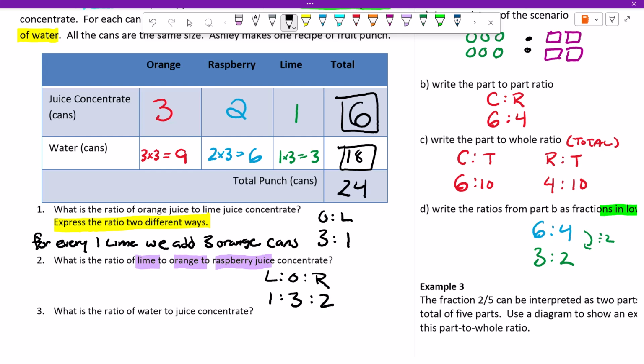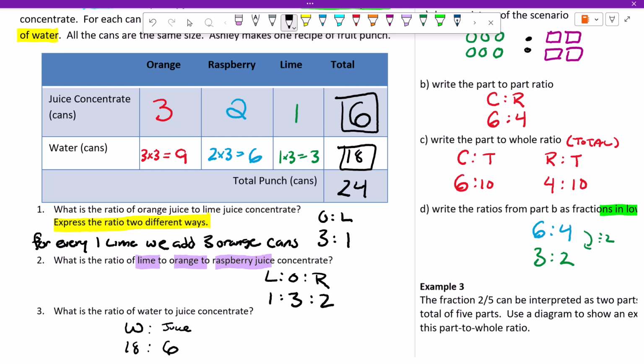What is the ratio of water to juice concentrate? So we want to go water compared to juice. I just wanted to write down juice. 18 to 6.